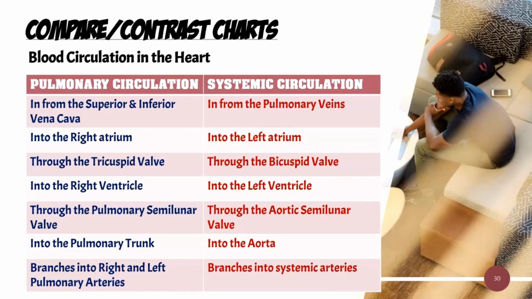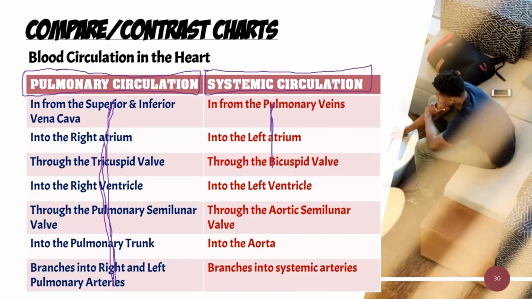Now, compare-contrast charts is just exactly what it sounds like. If you see up here, I have pulmonary circulation in one column, and I have systemic, which means all throughout the body circulation, in another column. So here are all the anatomical regions that the blood goes through for pulmonary circulation.